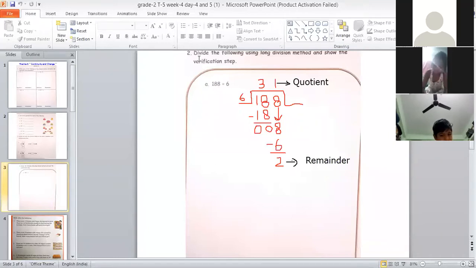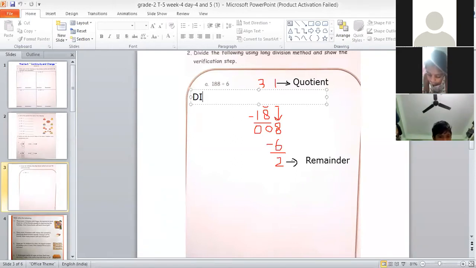Now, there are a few more things which you all should know. We are dividing this 188 by 6. So here 6 is the divisor. What is 6 here? We call 6 the divisor in this question.